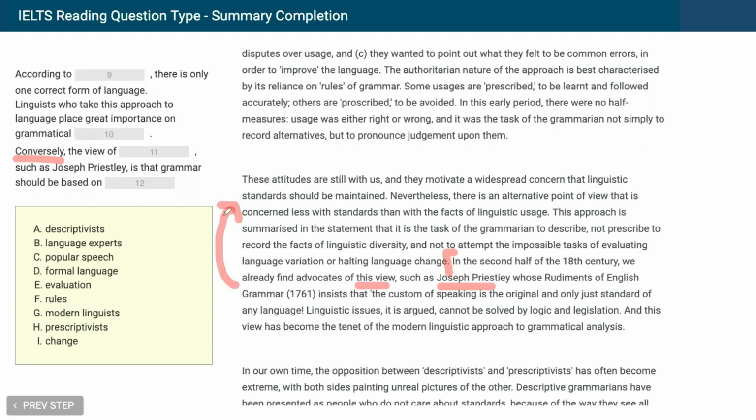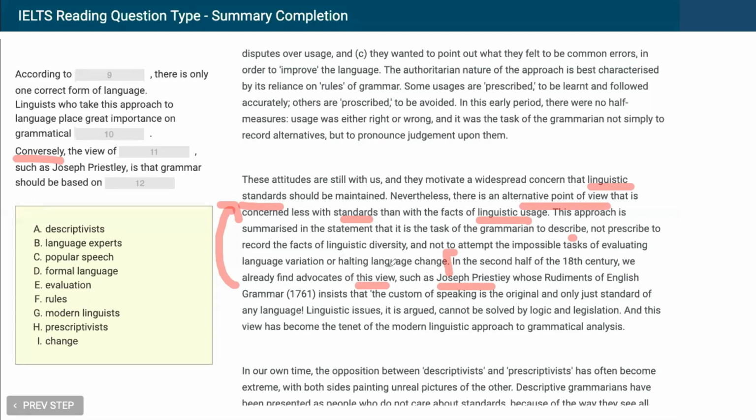So let me go ahead and give this a read as well. These attitudes are still with us. There's a linguistic standard that has to be maintained. Nevertheless, there's an alternative point of view that is concerned less with standards than with the facts of linguistic usage. This approach is summarized in the statement that it is the task of the grammarian to describe, not prescribe, to record the facts of linguistic diversity and not to attempt the impossible tasks of evaluating language variation or halting language change.